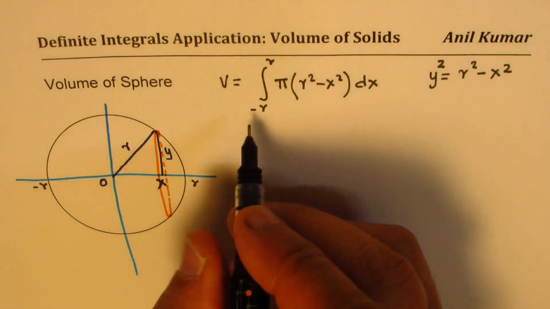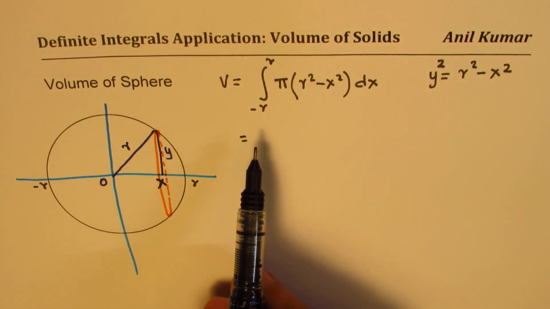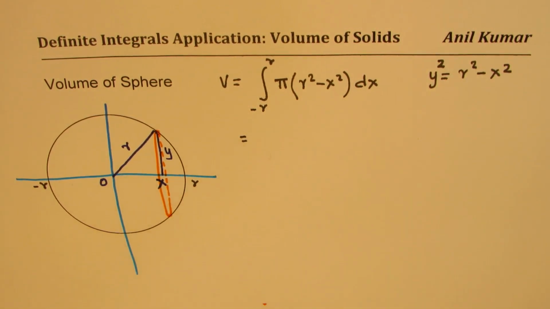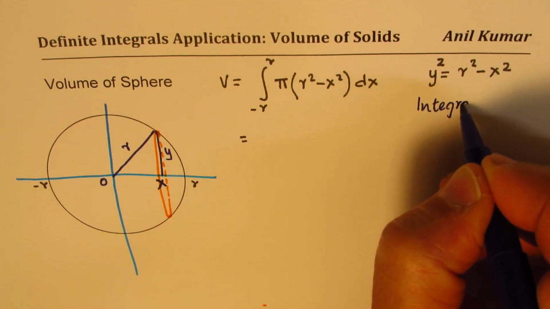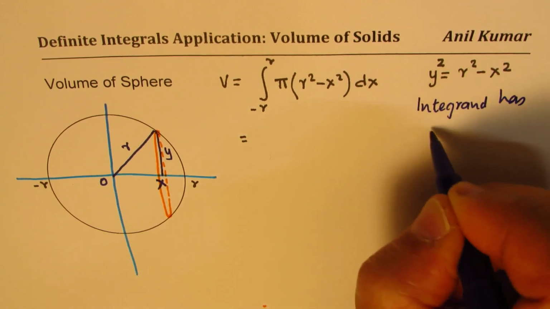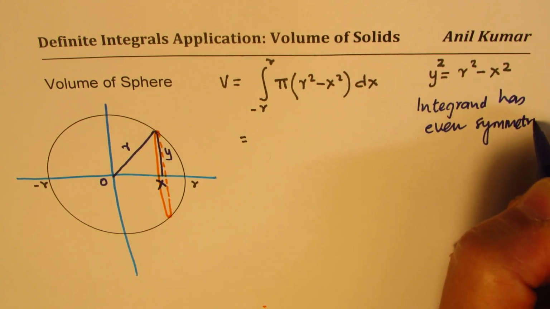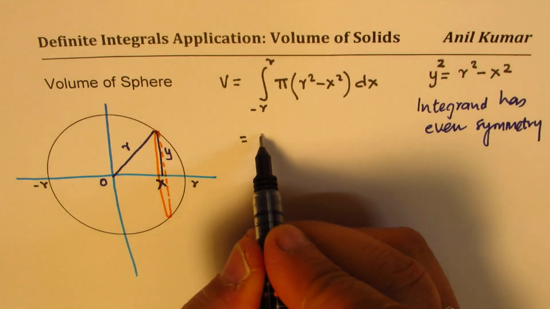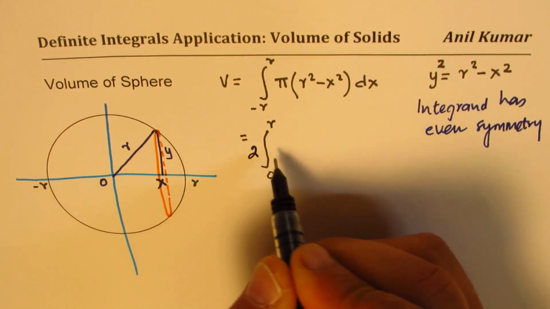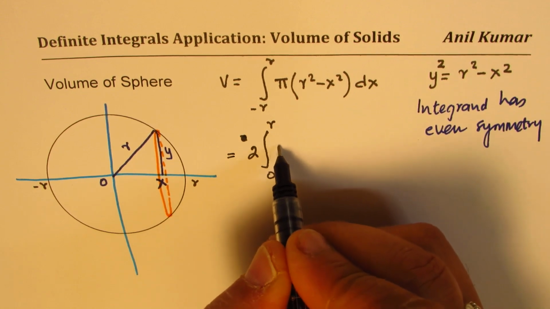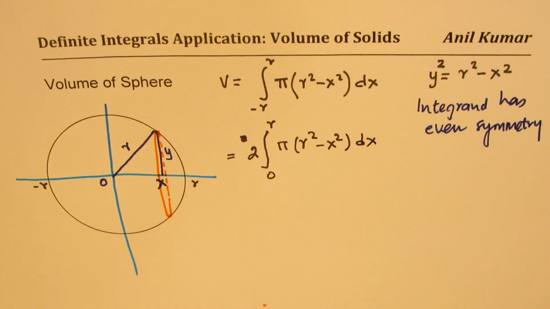Perfect. Now let's continue. This integrand here has even symmetry, and therefore we can say that this is equal to 2 times the integral from 0 to r of pi times r square minus x square dx.